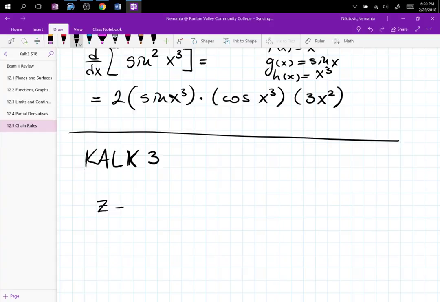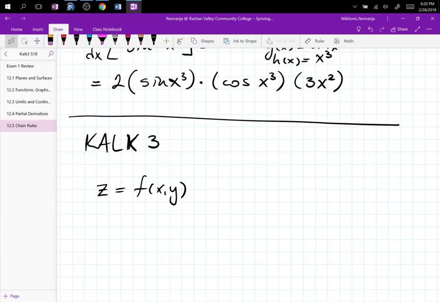Remember that your z is equal to f of x, y, right? So you have this. And sure, you can take partial derivatives. But now you want to do some nesting. And what I'm going to do is make these x and y functions of, let's say, common variable t, time. So x and y, which are location in space, are going to depend on the time passed, right?